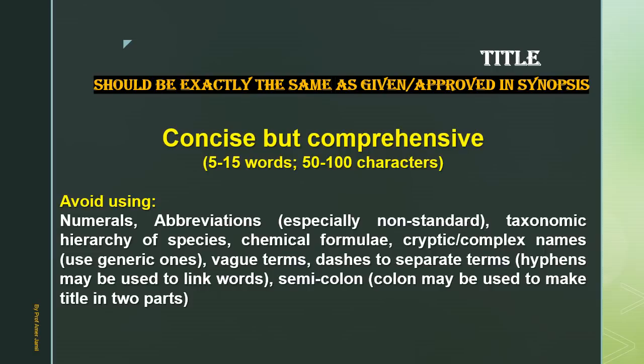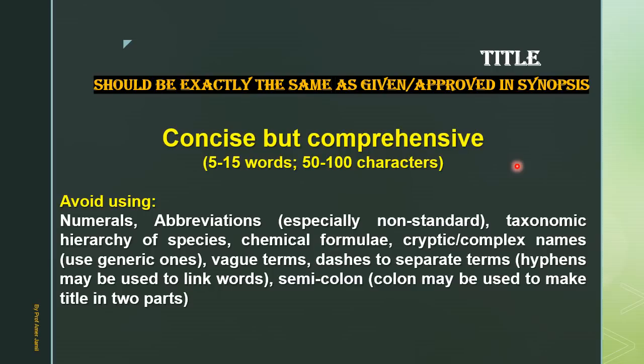The title of the thesis should be concise and comprehensive, and you should avoid many of these things in the title, but I'm not going into discussing this in detail here because I have covered it in my video on how to write a synopsis.